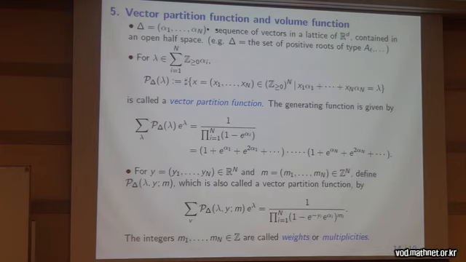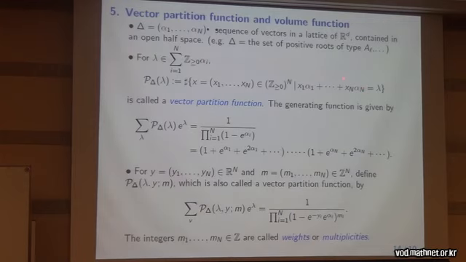And if we have lambda in the lattice generated by alpha i's, and the coefficients are non-negative, we can define the following numbers, p delta of lambda, which is the number of ways to express lambda as a linear combination of alpha 1 to alpha n with coefficients in non-negative integers.